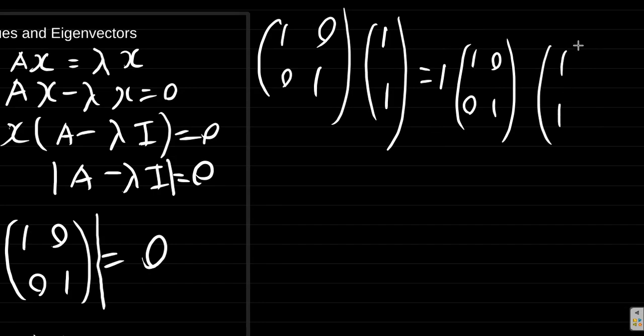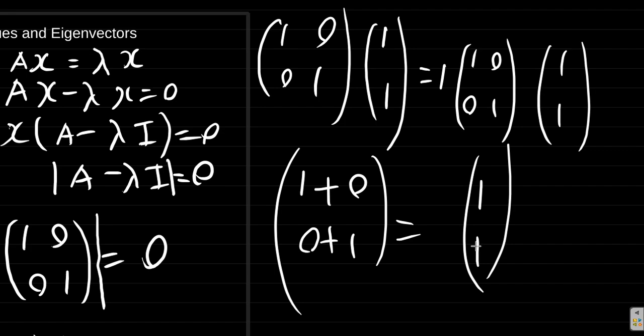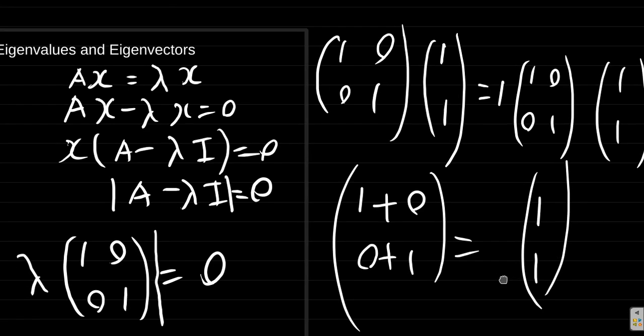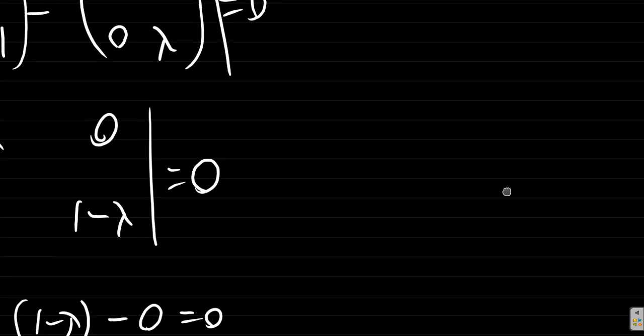Let's use x is [1, 1] and see if it will work out. 1 by 1 is 1, 0 by 1 is 0, 1 plus 0 is 1, 0 plus 1 is 1. So here, it works when we put x and y being equal to each other and they are not 0, right?